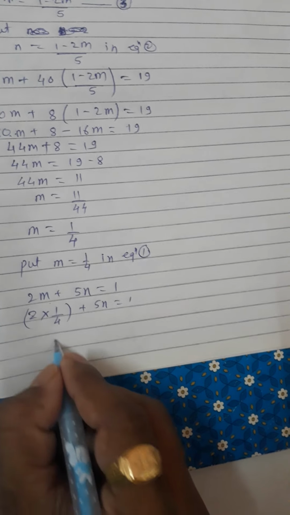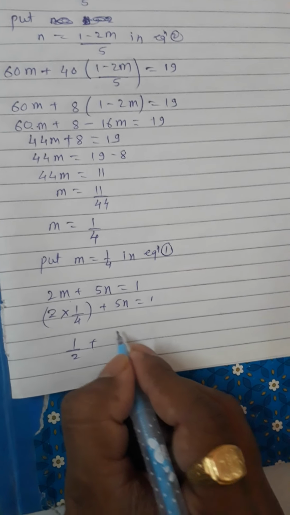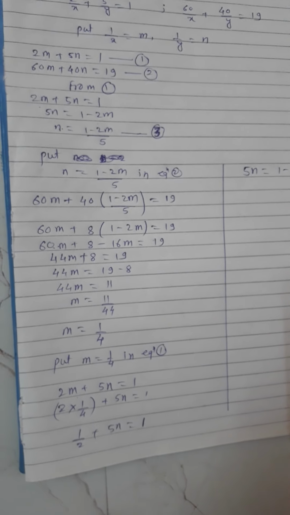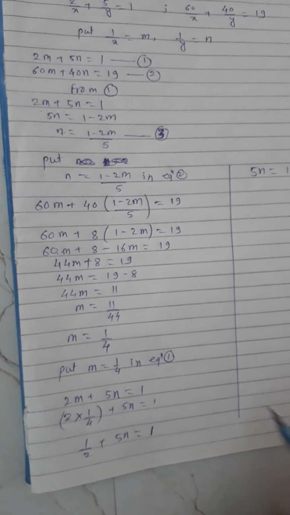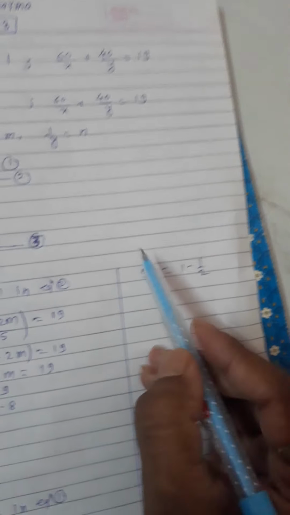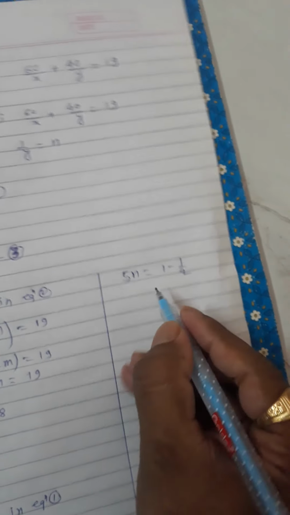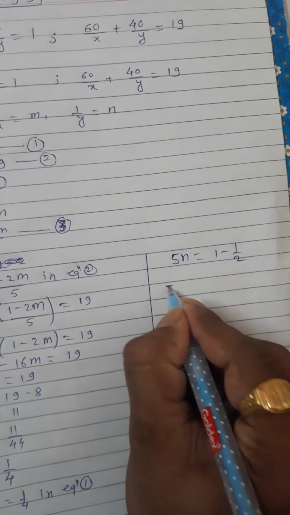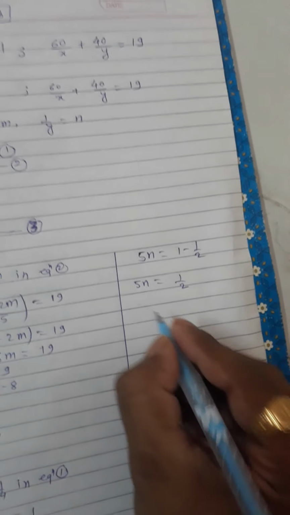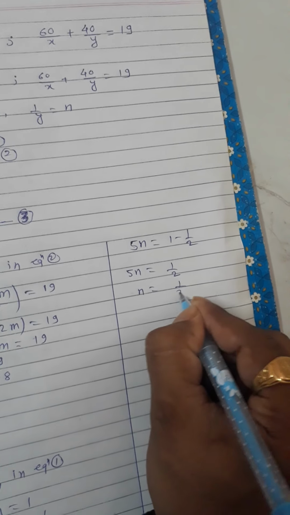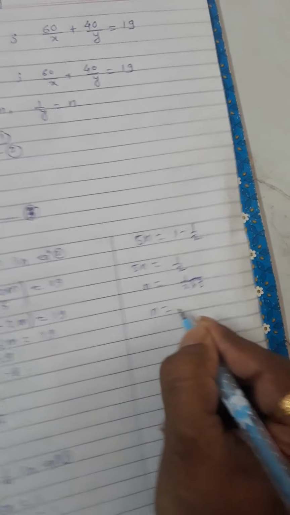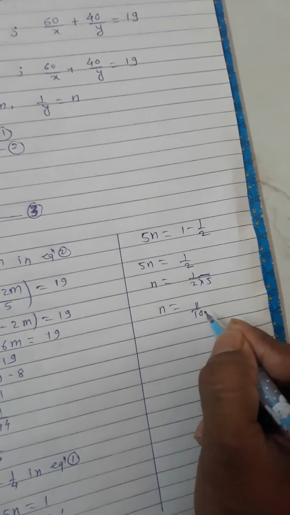So 2 4s are 4, so 1 by 2 plus 5n is equal to 1. Therefore 5n is equal to 1 minus 1 by 2. 1 minus 1 by 2 means it is 1 by 2. So n is equal to 1 by 2 into 5. So n is equal to 1 by 10.